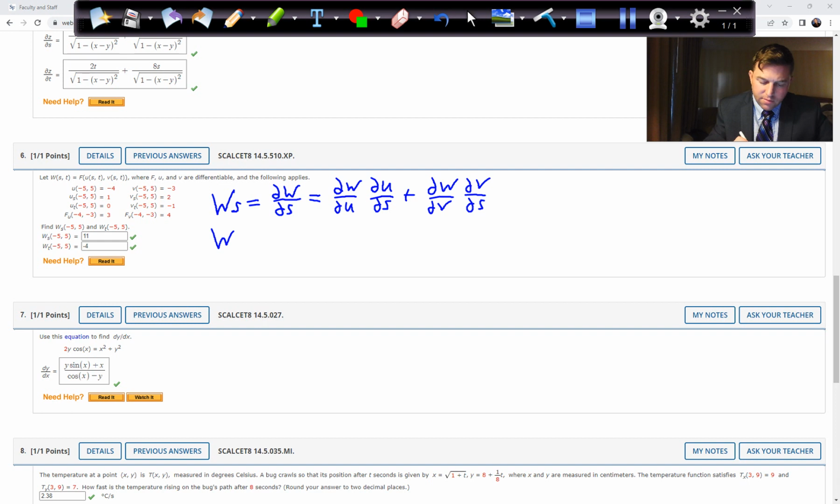But in this sort of nomenclature where you type the derivative as a lowercase letter subscript, since they're using f for w, dw/du is really fu, du/ds is really us, and then dw/dv is fv, and dv/ds is really vs. And we have numbers for all of these things.